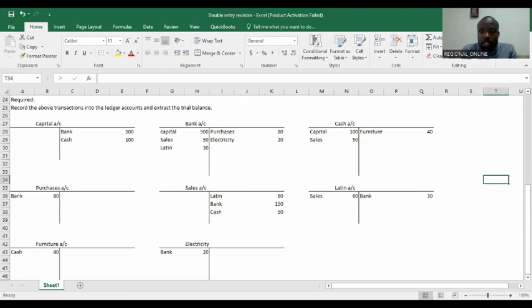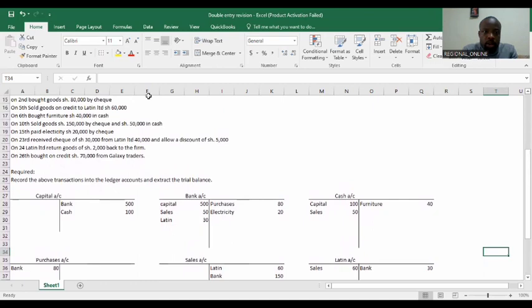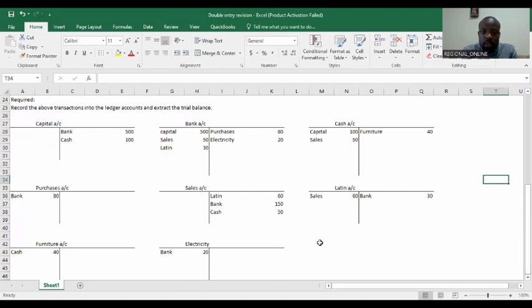After paying that 30, and the total debt was 60, the firm allowed this customer a discount of 5,000. That discount is going to reduce Latin's debt, and you need to have it as discount allowed. Discount allowed will be an expense to the business.